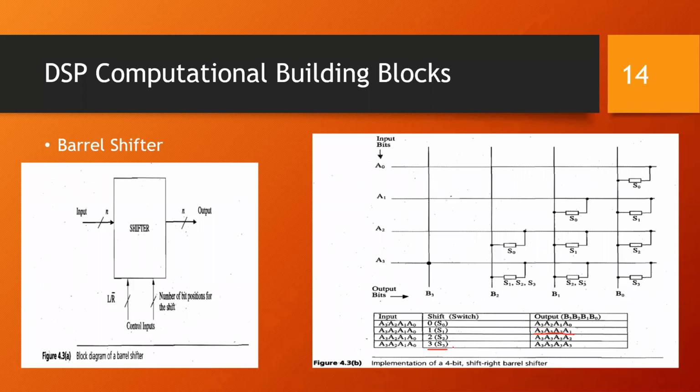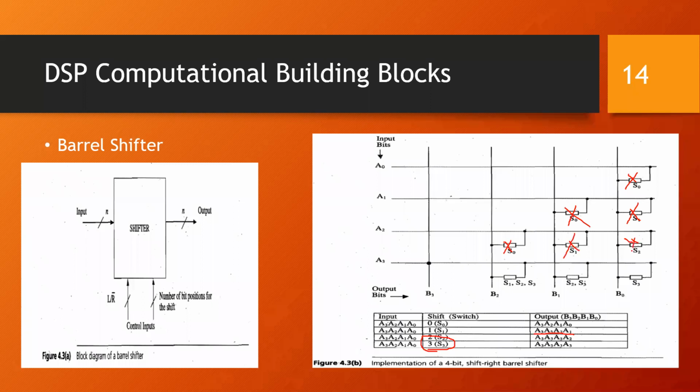So let us check out the last one, that is, I want three shifts together. In order to operate three shifts together, I just operate switch S3. So when I operate S3, if you just see, I don't have S3 here, S0 is off. Then this is also not present, this is off, this is off, this is off.